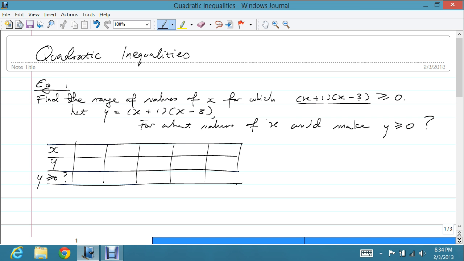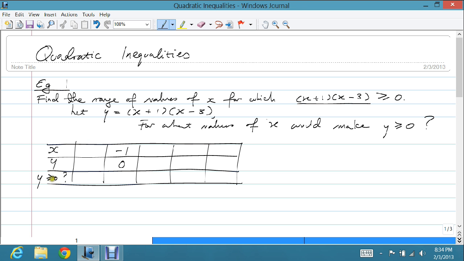To find the values of x which would make y bigger than or equal to 0, let's test some values of x to see whether they satisfy the inequality. For example, let's try x equals negative 1. Negative 1 plus 1 is 0, and 0 times anything is 0. So y equals 0.